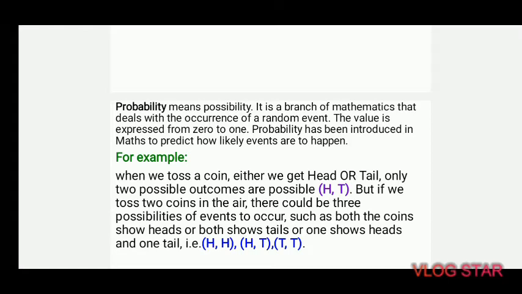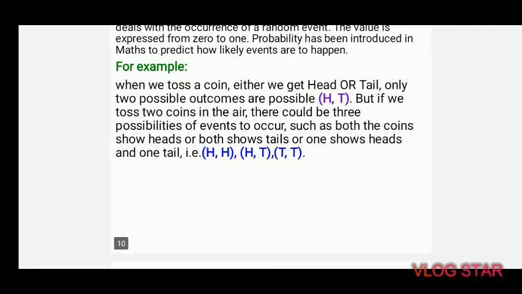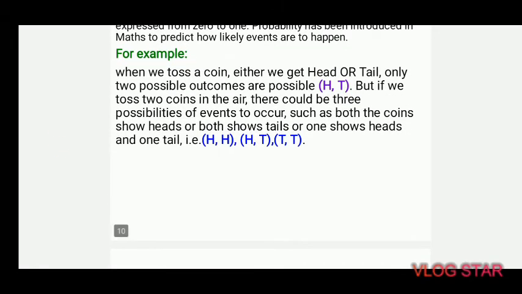Probability has been introduced in math to predict how likely events are to happen. For example, when we toss a coin, we get either head or tail, only two possible outcomes. If we toss one coin, there are only two possible outcomes, either head or tail.